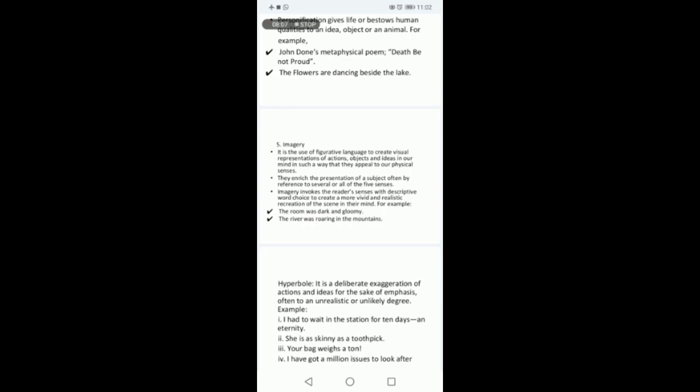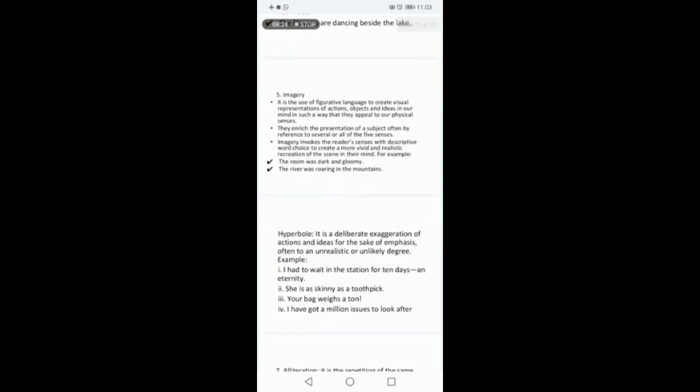For example, when we are trying to visualize the image of a dancing flower. You can see an image of a dark room that is gloomy, the image of darkness, which maybe we are there in a room and suddenly the light goes off. We can feel it, we can visualize it.